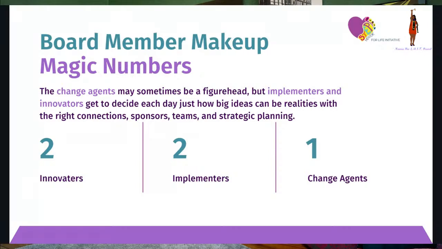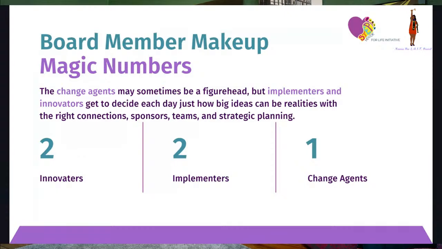Okay? I have 5 board members. I'm just letting y'all know. So that's the reason why this number is 5. But I do believe that even if you have 3 people, you need one in each category: an innovator, an implementer, and a change agent. And in Birmingham, Alabama, or in Alabama, you need 3 people to start up a corporation, which will become a nonprofit.